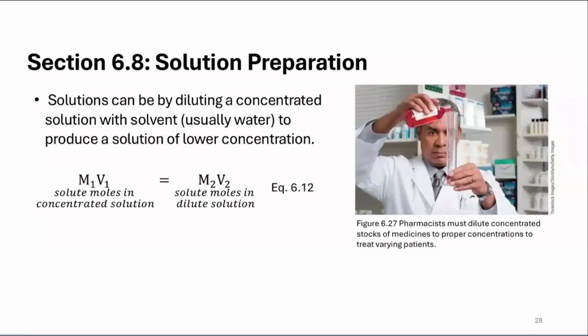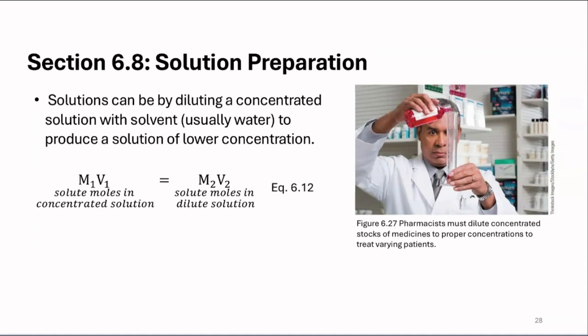Another important calculation that we need to be familiar with when it comes to solution is the formation of diluted solutions. In a solution preparation, we can actually make a less concentrated solution by diluting a concentrated solution with a solvent, which is usually water.